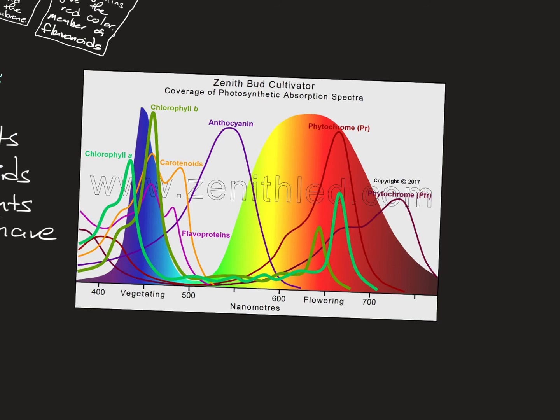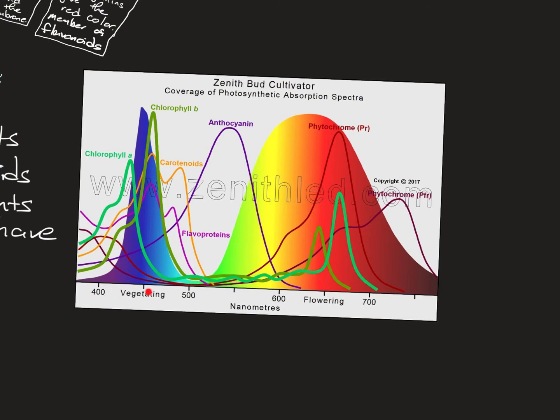And as you can see, I pulled this off an internet search. It's the only graph I could find quickly that had all the different pigments on the chart. Unfortunately, it's copyrighted, so it has a, what is it called? A stamp, watermark.